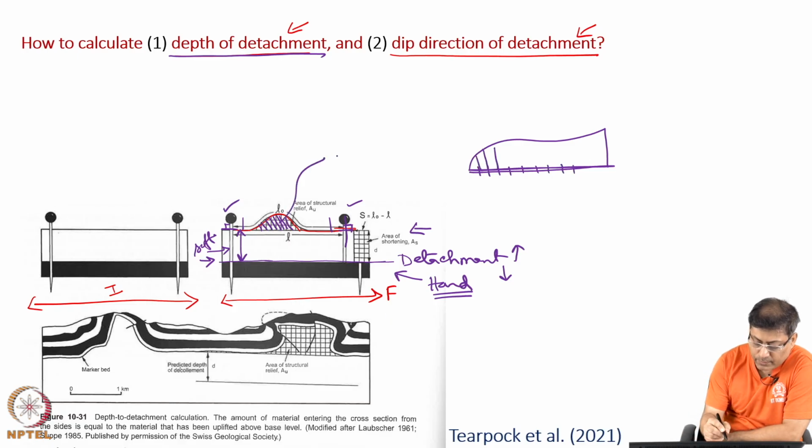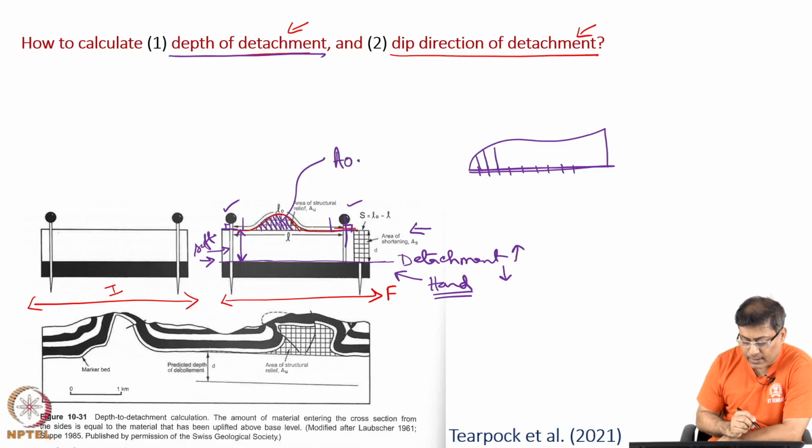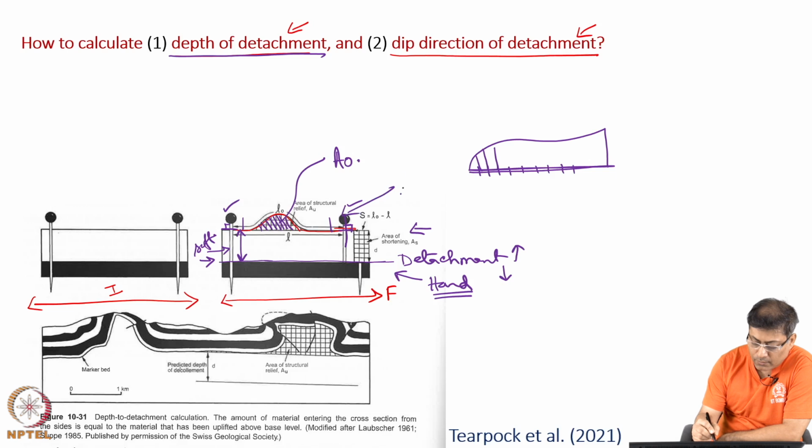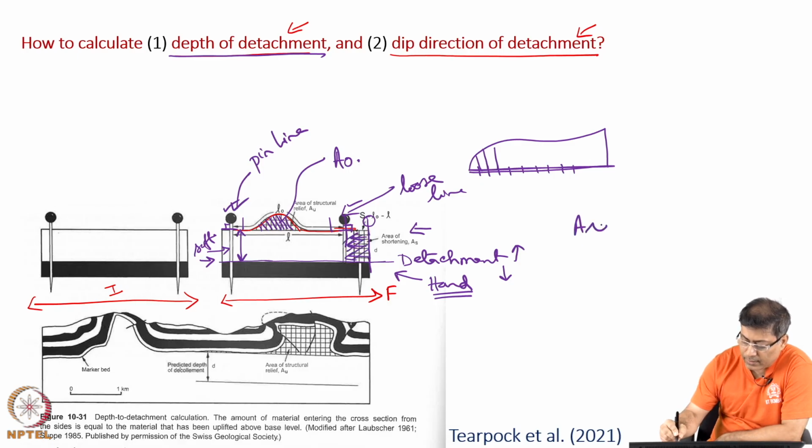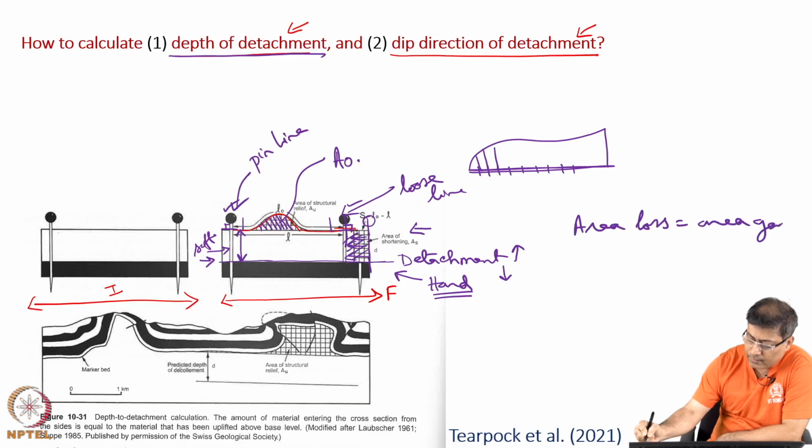Once this area is obtained, let us say this area is A0, from where this area gain has happened, we consider that this pin line, or we now call it a loose line, because now we are going to move it, and call this, for certainty, the pin line. Now, this loose line might be somewhere here, and in the process of this shift, the area loss must be equal to the area gain. We can apply the formula area loss equal to the area gain.